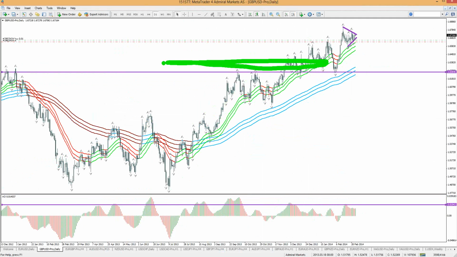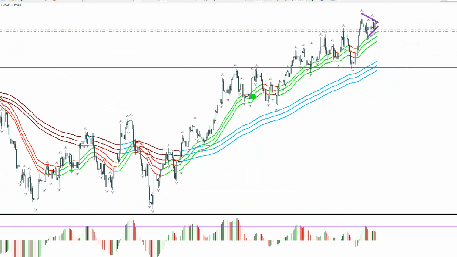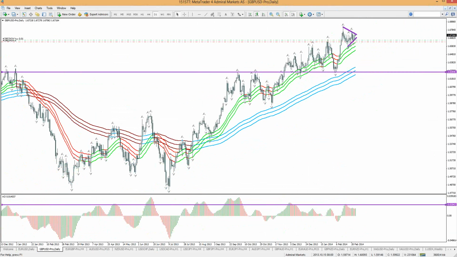I don't want to bore you here with all details, but there are multiple reasons why that level was important. Price broke through it, hooked back to it, bounced off it. So you can see resistance becoming support. And now, after that bounce up, we had strong momentum, and now we're in this triangle.